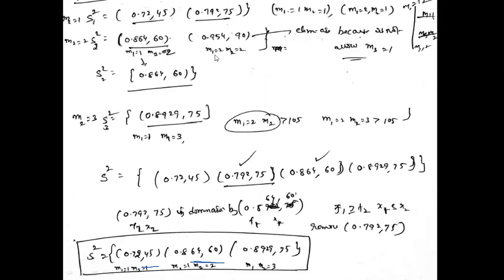The second tuple represents M1 equal to 2, M2 equal to 2, which means in the first stage you take two devices, and in the second stage we are taking two devices.